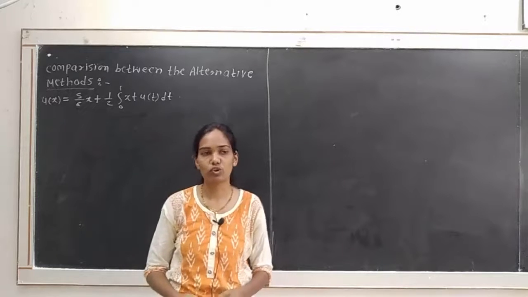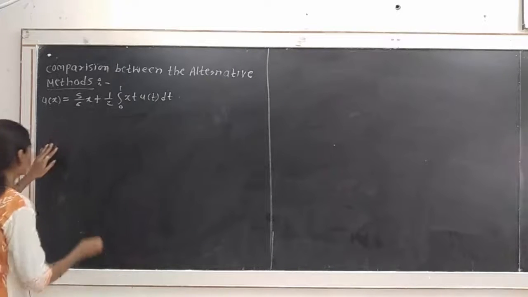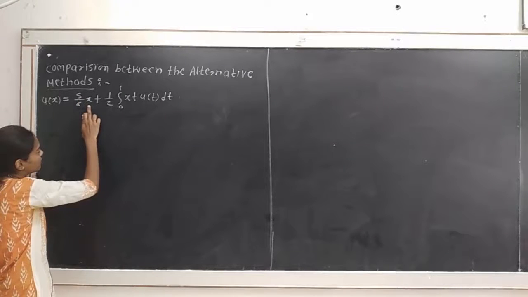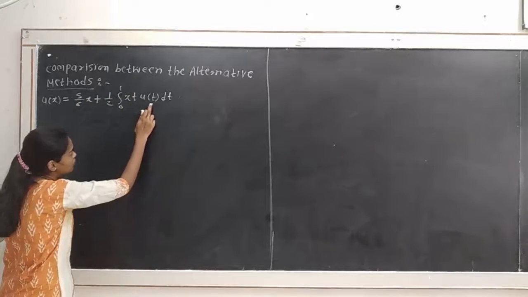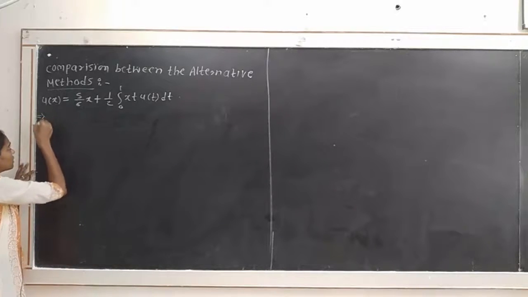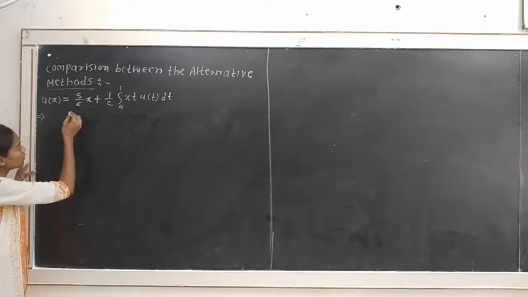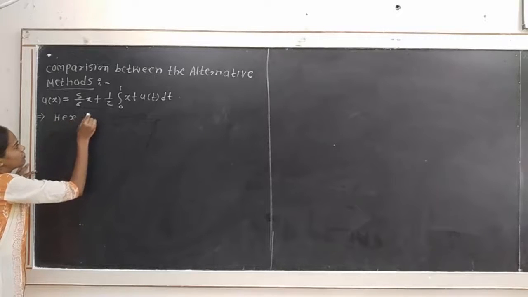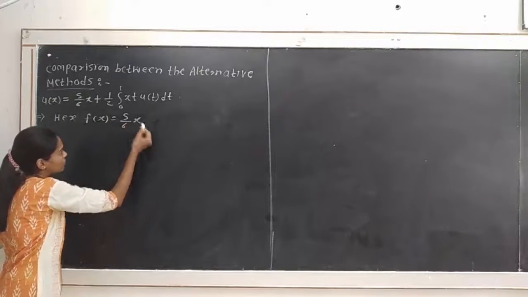Okay, so first I write here the example, that is the Fredholm integral equation u of x is equal to 5 divided by 6 into x plus 1 by 2 integration from 0 to 1 x into t u of t dt. So we know that here we have f of x and the kernel. For this integral equation, f of x will be equal to 5 divided by 6 into x.